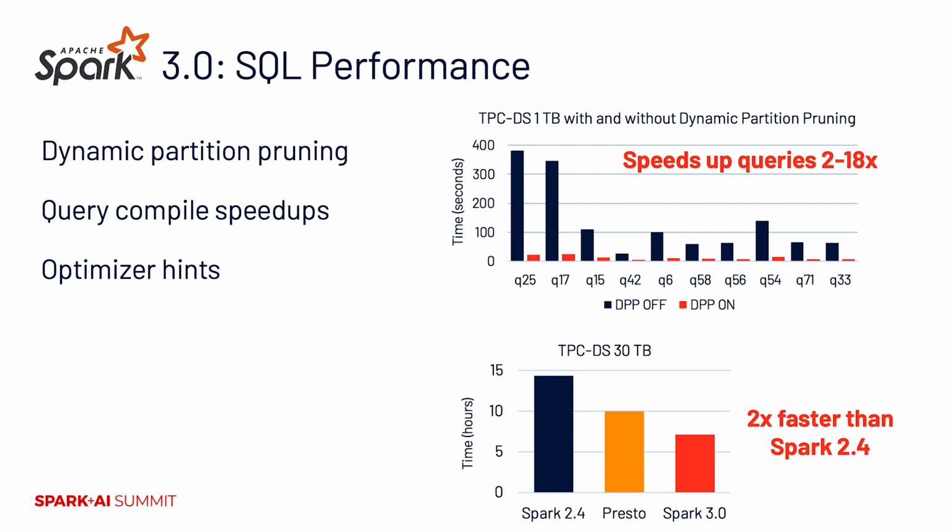So on the performance side, we have dynamic partition pruning, query compile time speedups, and optimizer hints. And as I said earlier, these have led to a 2x reduction in execution time for TPCDS and a lot of improvements on real workloads.